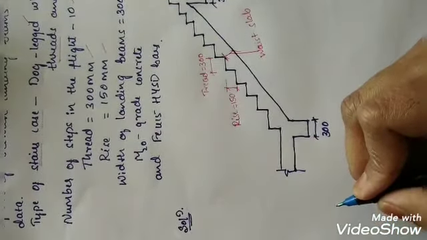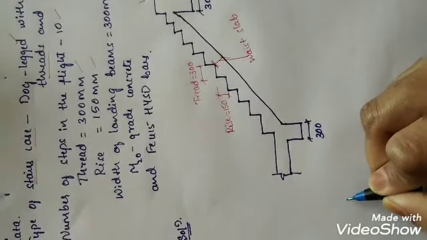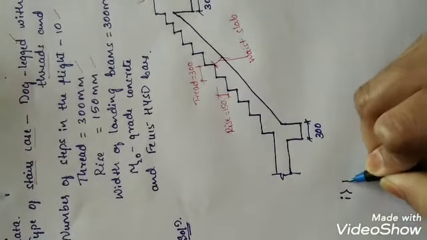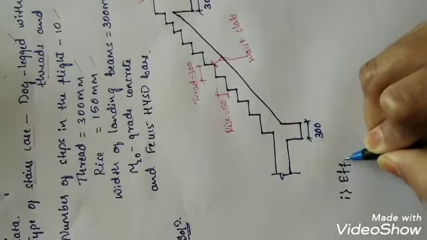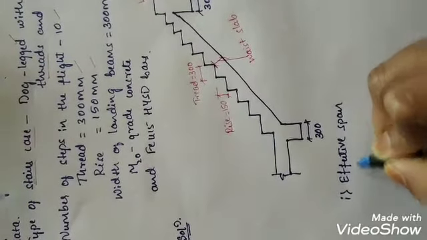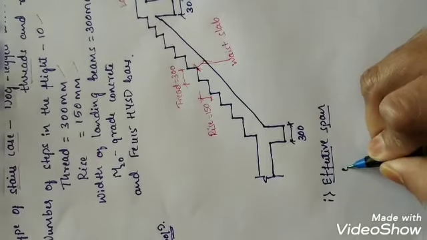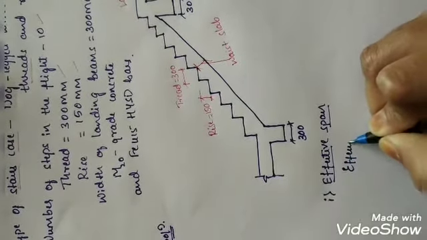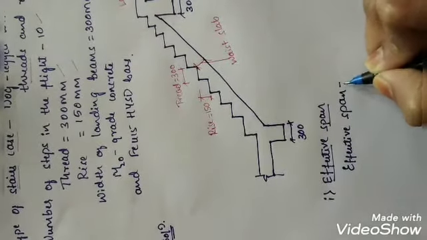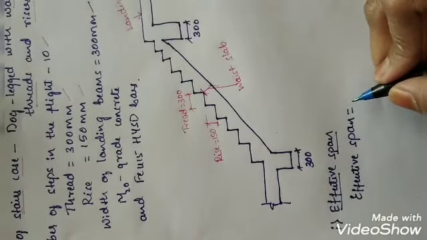In the design of the dog-legged staircase, the first step is the calculation of the effective span. Now I will calculate the effective span. Just see. So for the effective span, where should we measure it?